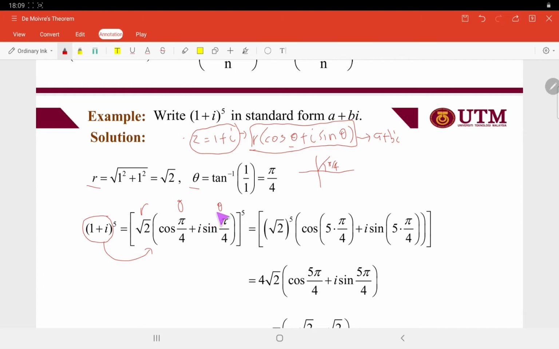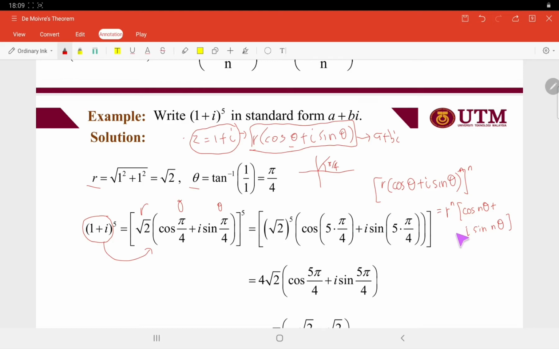Then we can solve this problem using r times cos theta plus i sin theta to the power of n. So all of this is to the power of n, so this becomes r raised to the power of n times cos n theta plus i sin n theta.